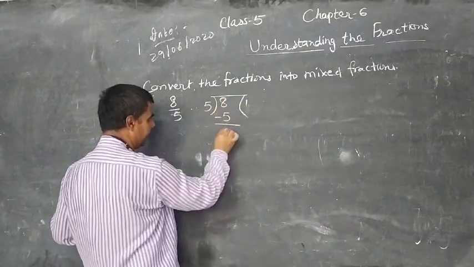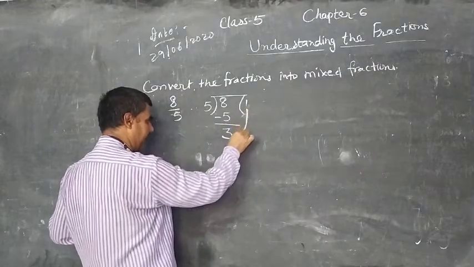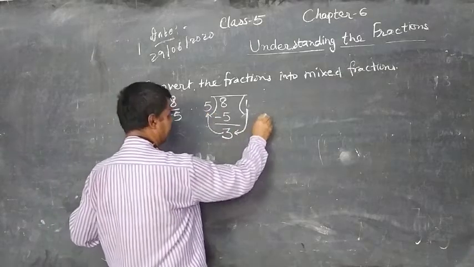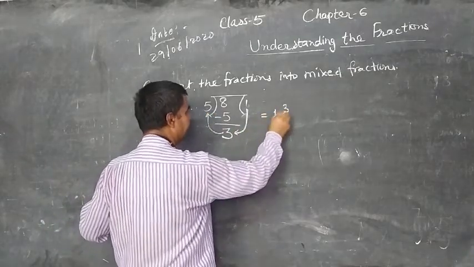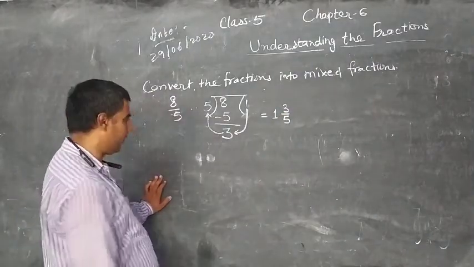The remainder is 3. Then we can write it 1 and 3/5. Let's see one more example.